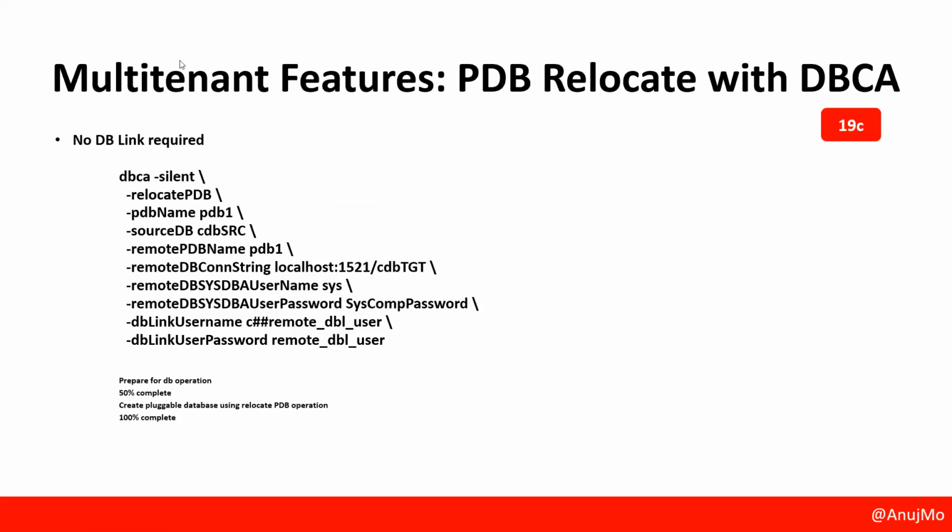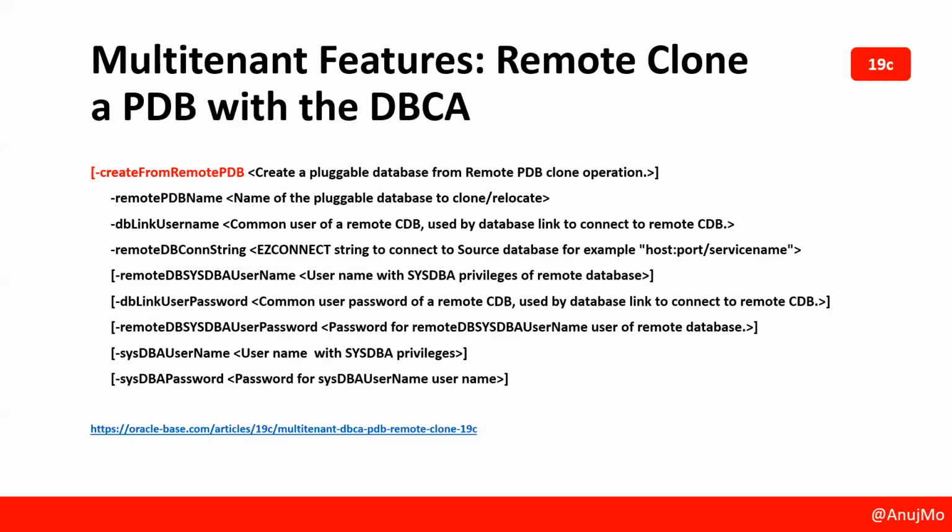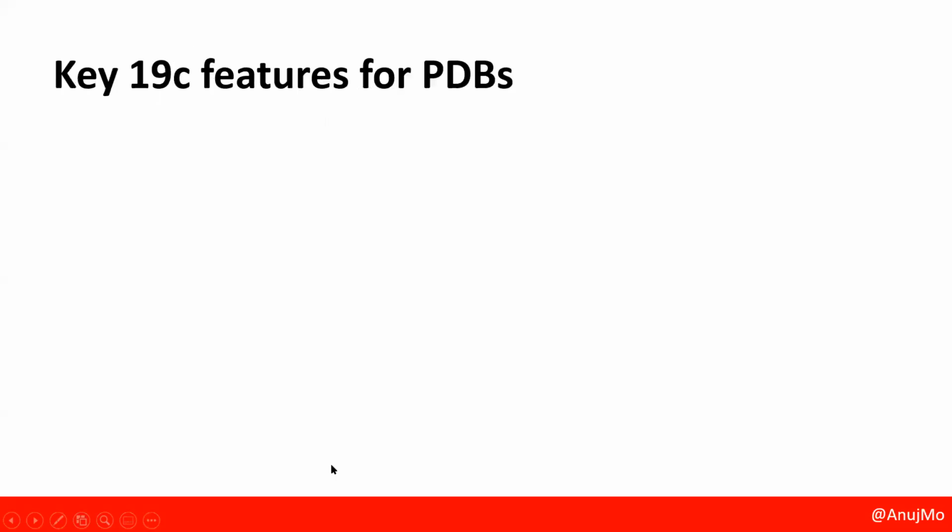So that was the application container. Now, in 19C, you have the capability to run a PDB relocate using DBCA, and no DB link is required. Then you can do a remote clone using DBCA, and there is a nice article here on Oracle Base.